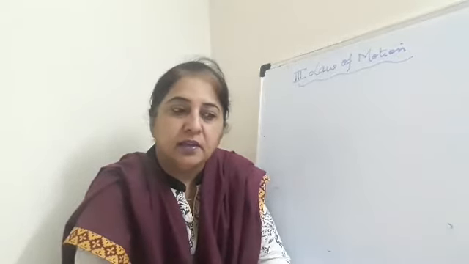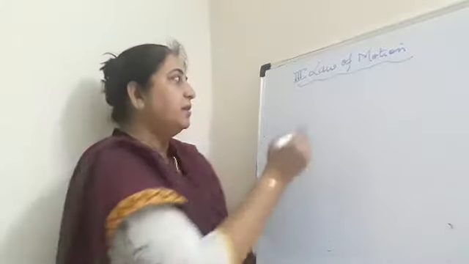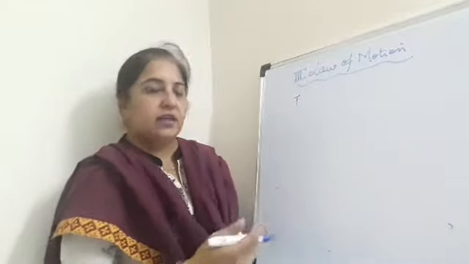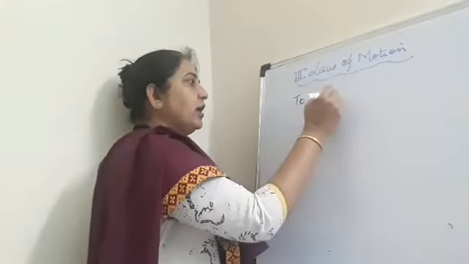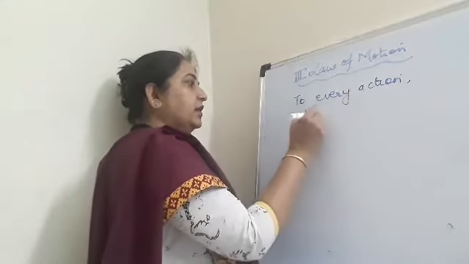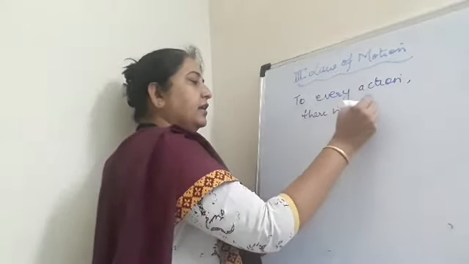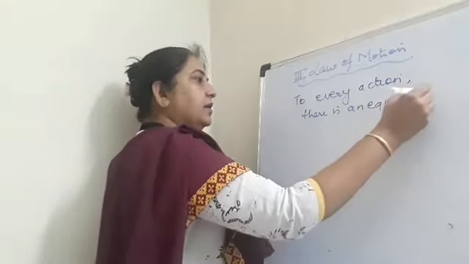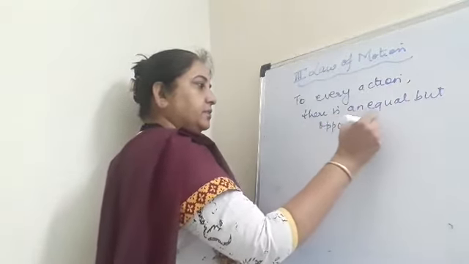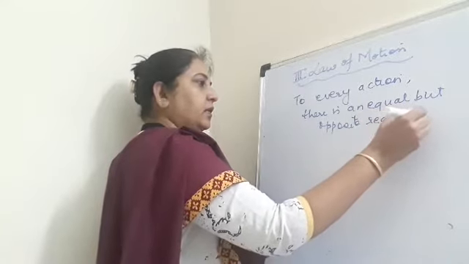Now we can study the third law of motion with some examples, but before that I'm going to write the statement here. There are two ways in which you can write the statement. That is, to every action, there is an equal but opposite reaction. Right? Okay.